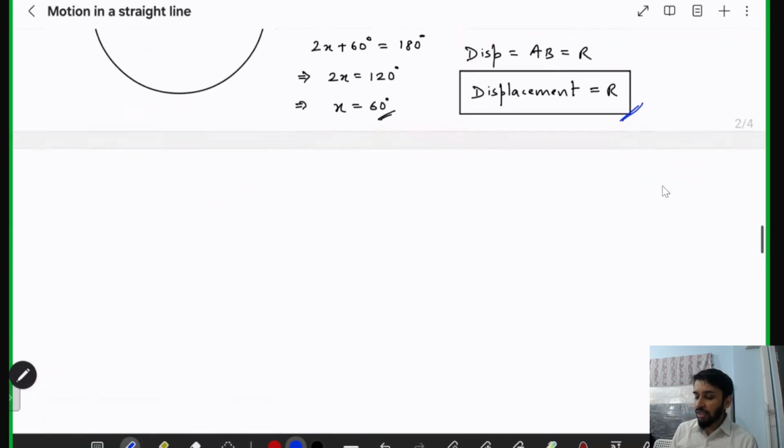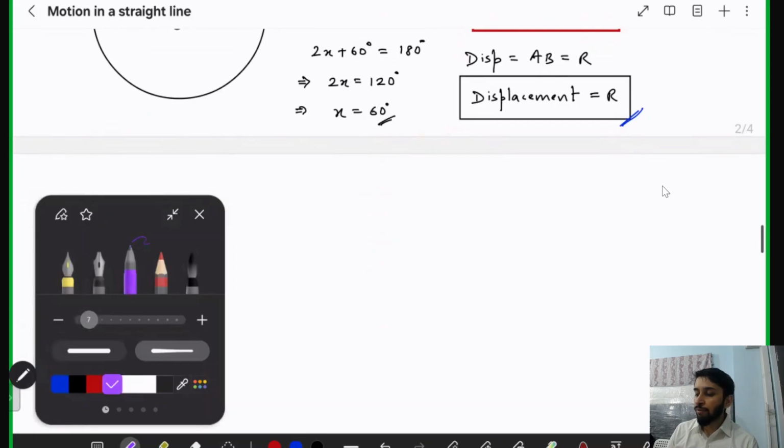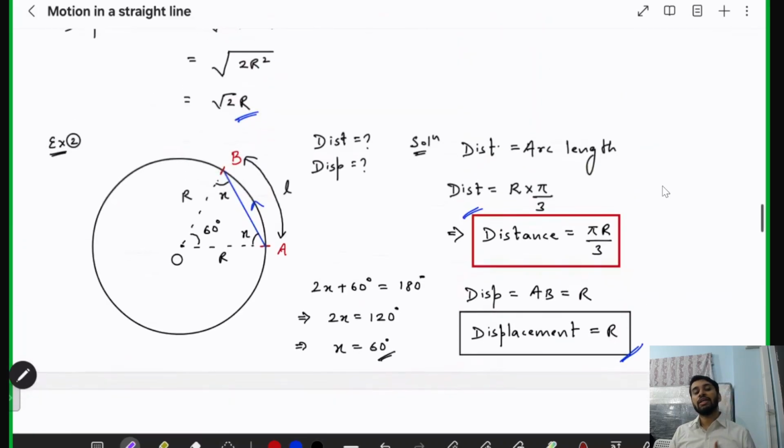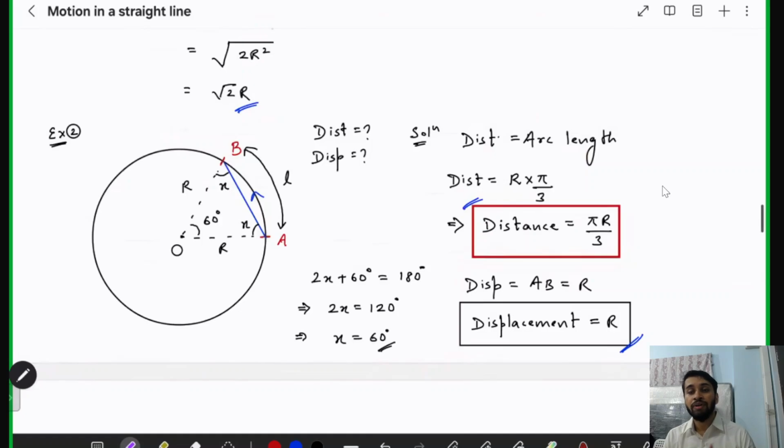Now what we'll do is we'll just see one general formula. It's not necessary that you'll always get Pythagoras theorem or always get an equilateral triangle. Now suppose the angle is 45 degrees or 30 degrees or some general angle. Then how will we find distance and displacement?